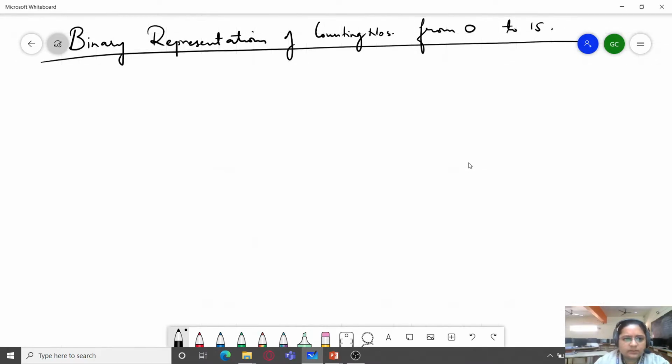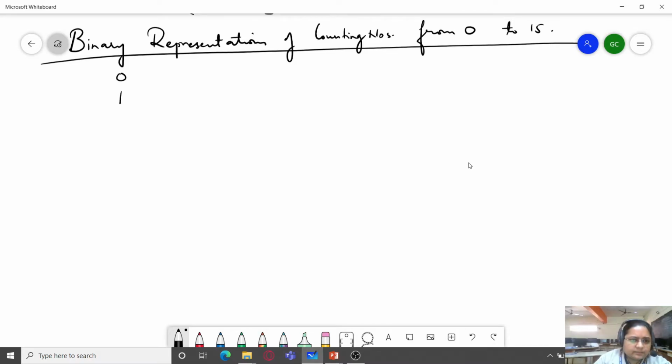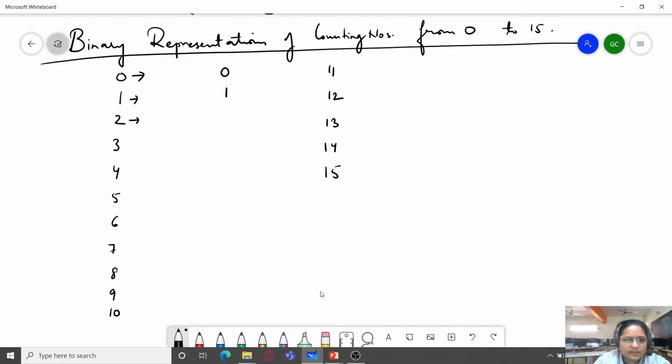Let's see. We will start with 0, then it is 1. Now when it is 0 and 1 only, only one bit is required.